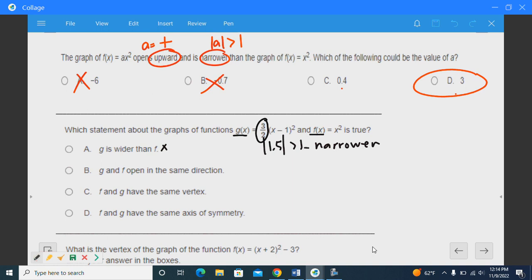Always remember again and again that it is in the form of x minus h squared plus k. So therefore, that should be x minus negative 2 squared plus 3. So therefore, our h is negative 2 and k is positive 3.